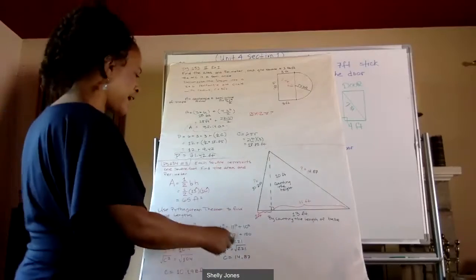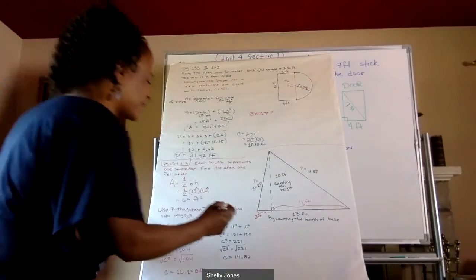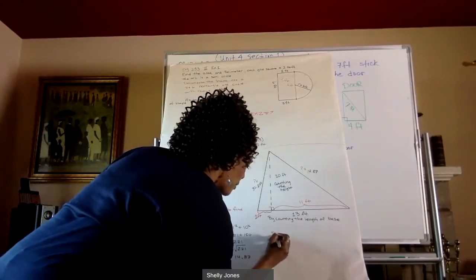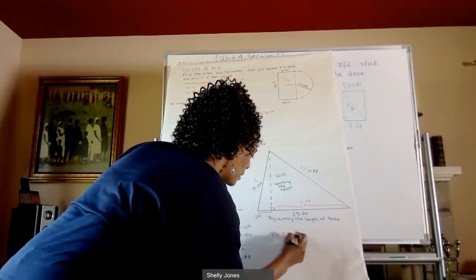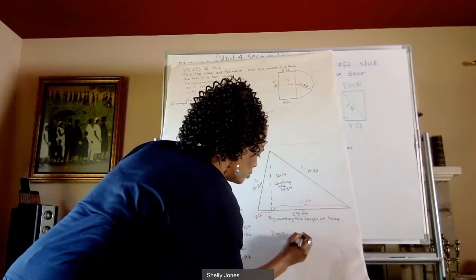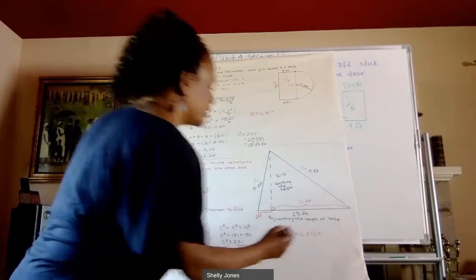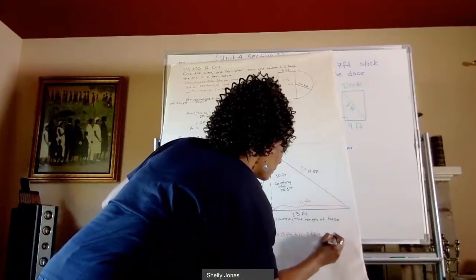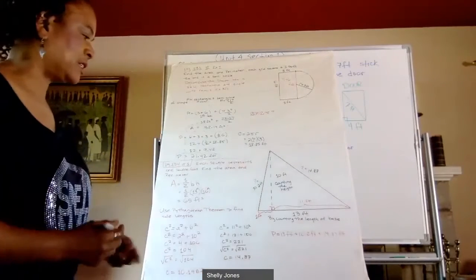So now that I have that, I don't think I actually found the perimeter. So now I actually need to find the perimeter. So the perimeter is 13 feet plus 10.2 feet plus 14.87 feet. It's hard to write on this board, and that's why I did this in advance.